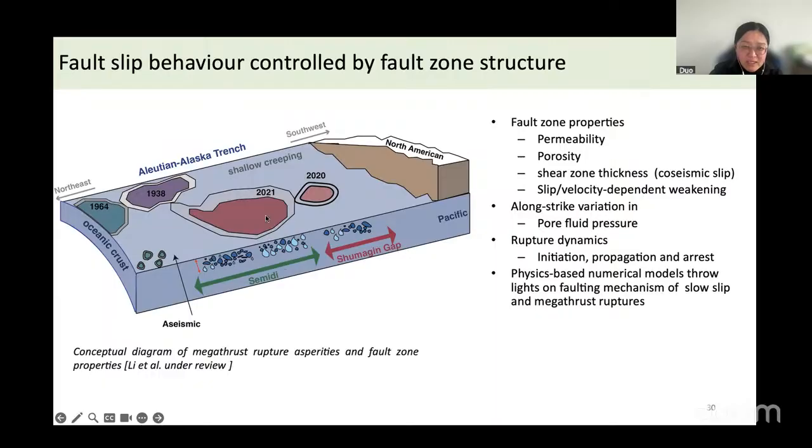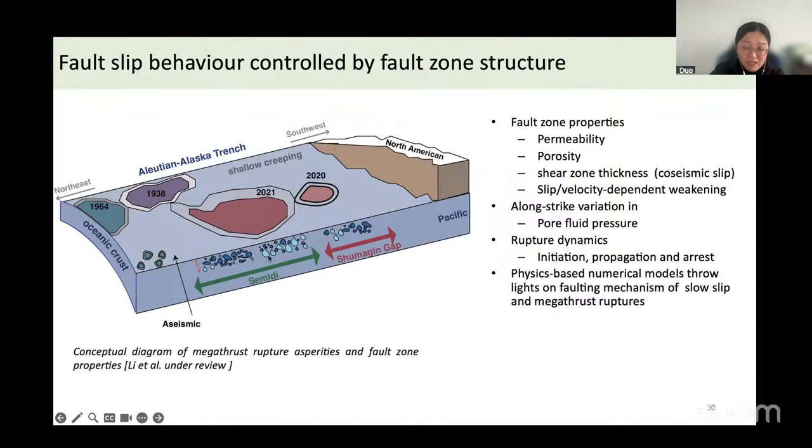In 2021, the western part of the Semidi segment has more porosity, or the hydraulic structure of this sediment layer is more favoring the evolution of temperature and the pore fluid pressure.